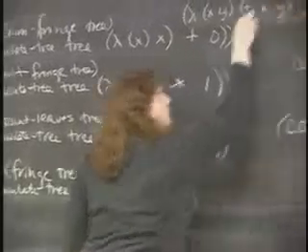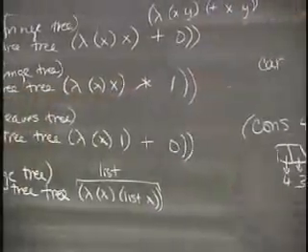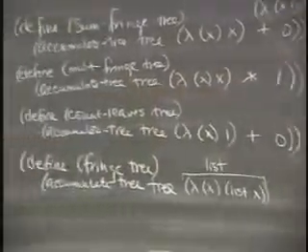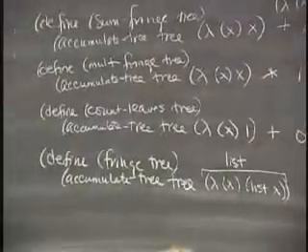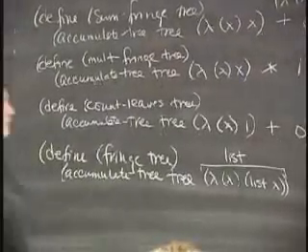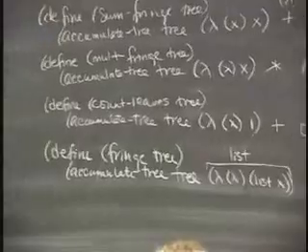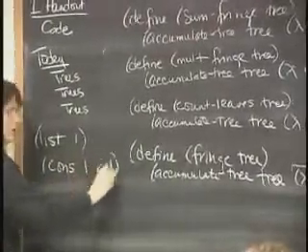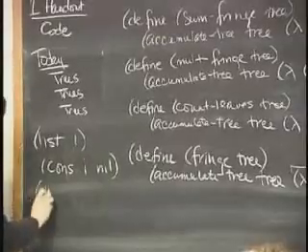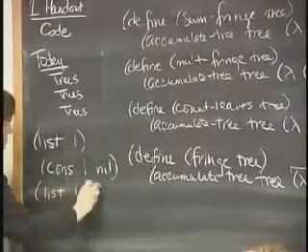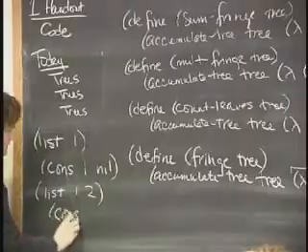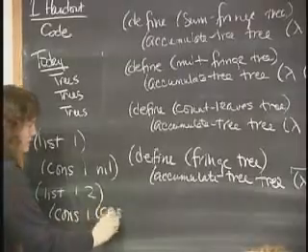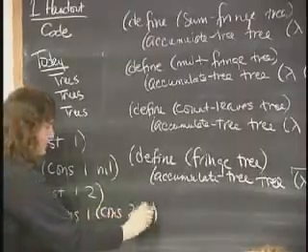How does it work if it's not a two-argument combiner? What does list do? Let's say we only had one. Well, that's equivalent to cons 1 onto nil. And if we have list 1, 2, well, that's cons 1 onto the cons 2 of nil.